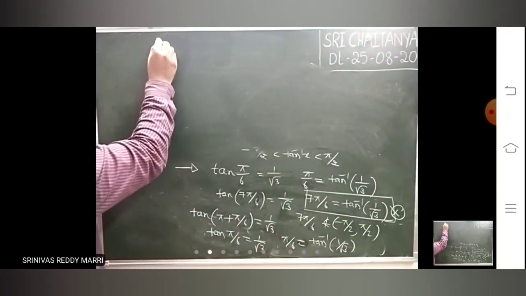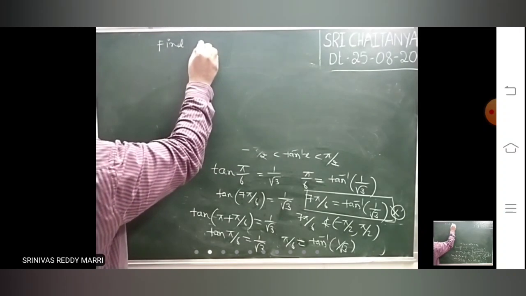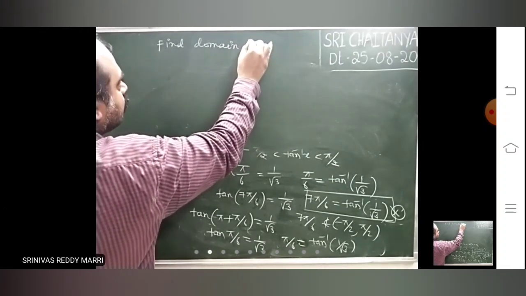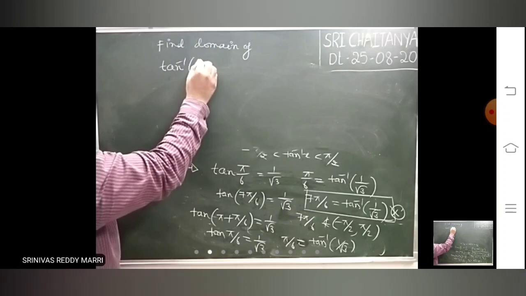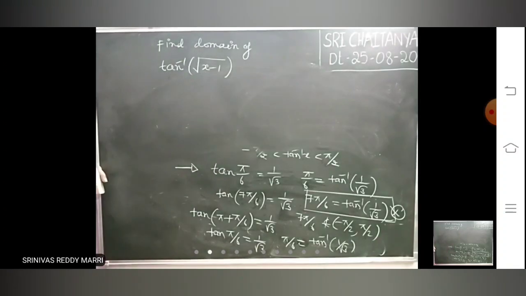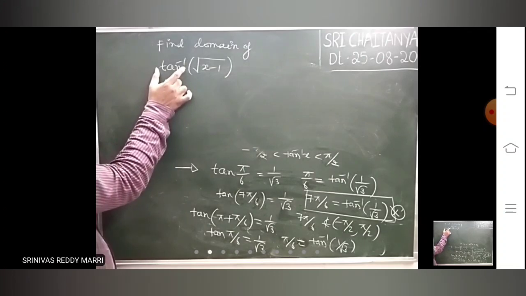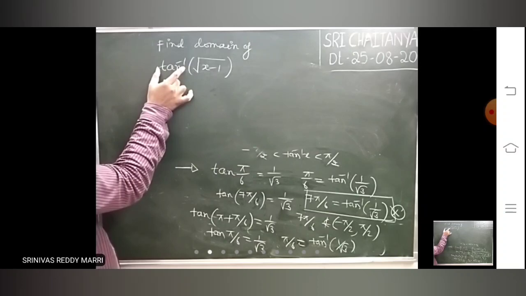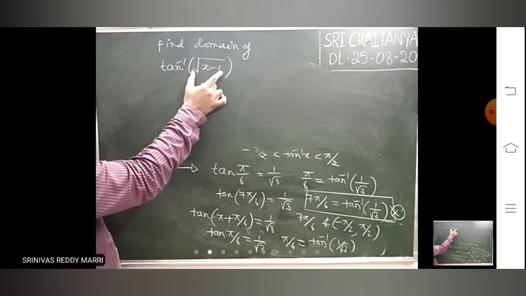Suppose you want to find the domain of tan inverse root of x minus 1. You know that tan inverse will be defined whenever the inside one is a real number.